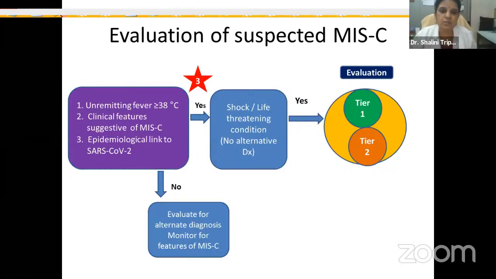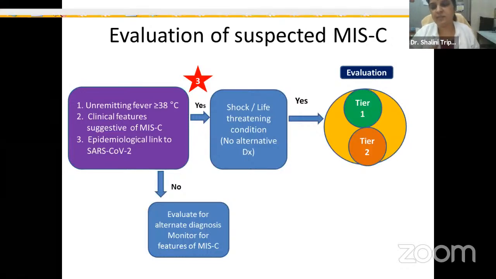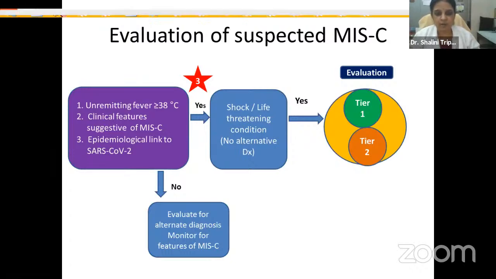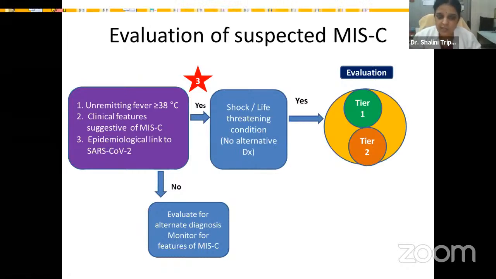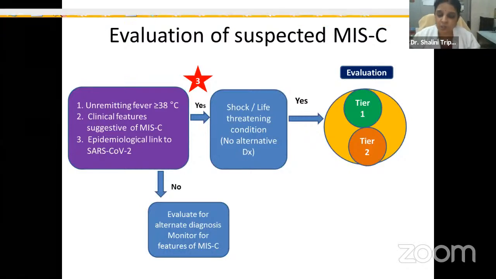And if the patient is not very sick, then first of all we have to evaluate for alternative diagnoses, because if fever is there in these months of July, August, September, dengue fever, typhoid, malaria, all these things we will first of all rule out. The patient is stable, so we have adequate time to do so.